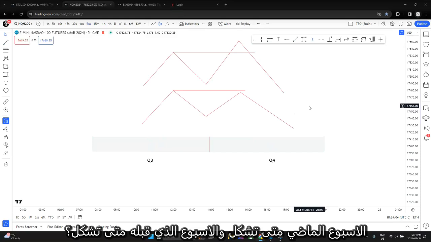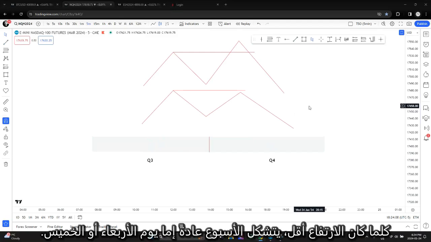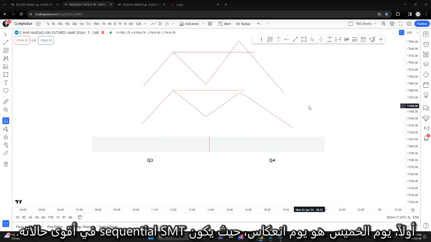The week before that, when did it form? That's crazy. The low, the high of the week usually forms on either Wednesday or Thursday, right? Because first of all, Thursday is reversal, which is where sequential SMT is the strongest.